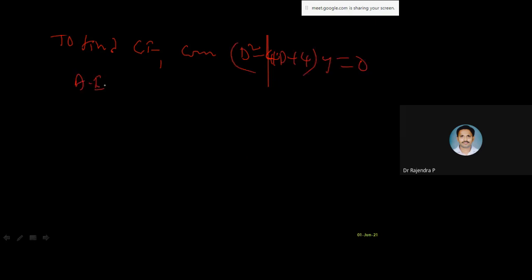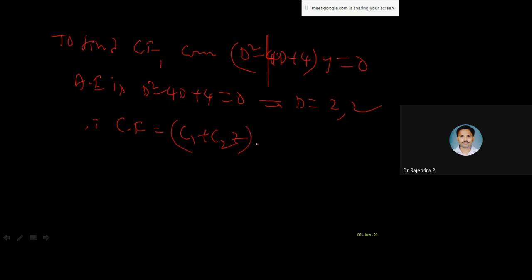Of course, we already did this. Auxiliary equation is D square minus 4D plus 4 equal to 0, D is equal to 2, 2. Roots are real and equal. So directly I can write the complementary function: (c1 plus c2 z) into e power 2z.